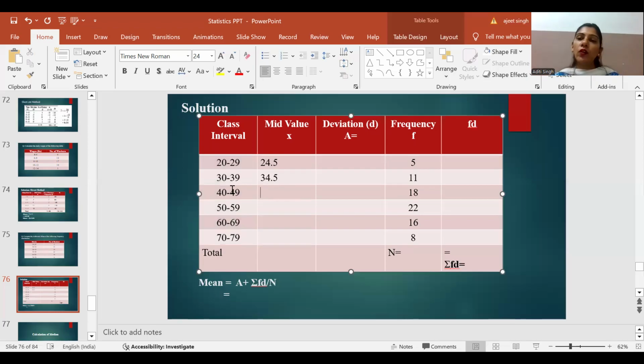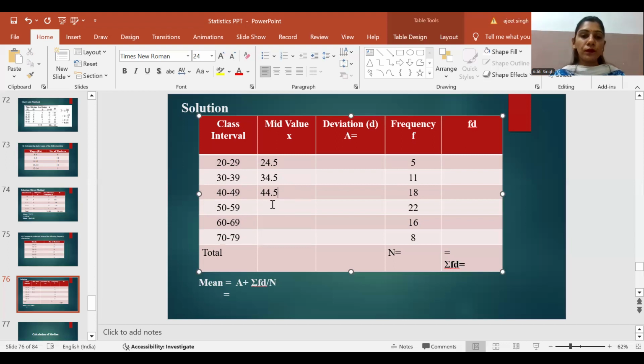Next is 40 and 49. The lower limit is 40 and the upper limit is 49. So 40 plus 49 is 89, divided by 2. The answer is 44.5.